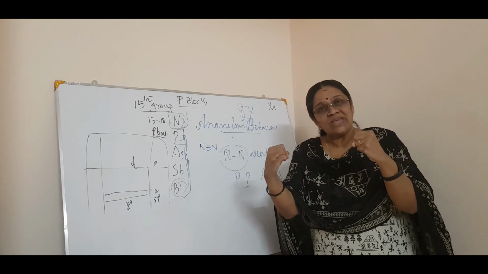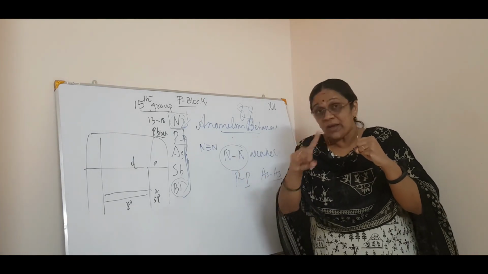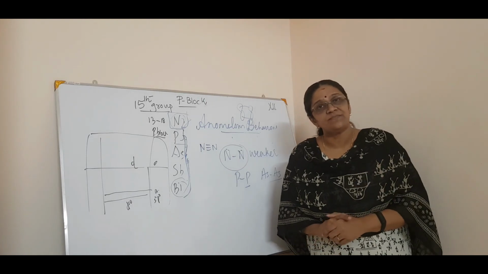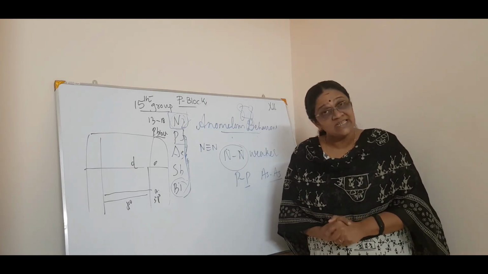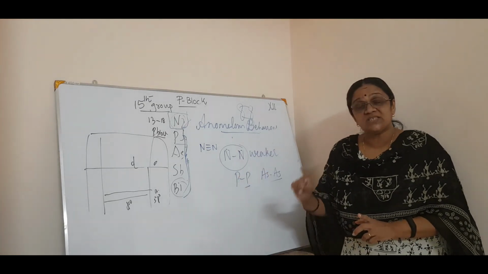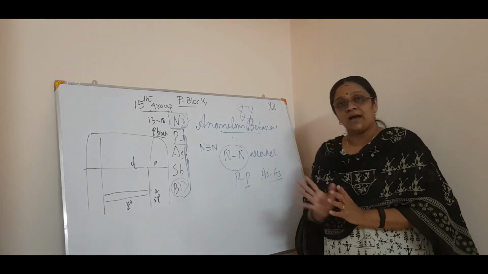Thereby, we can dissociate this N-N bond very easily when compared to the phosphorus bonds. So you got my point. That is why this nitrogen-nitrogen single bond is much weaker than the phosphorus or arsenic one.